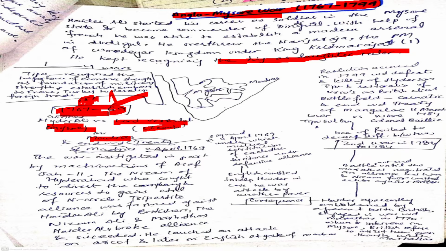But Hyder Ali broke the alliance and succeeded in the first Anglo-Mysore War.